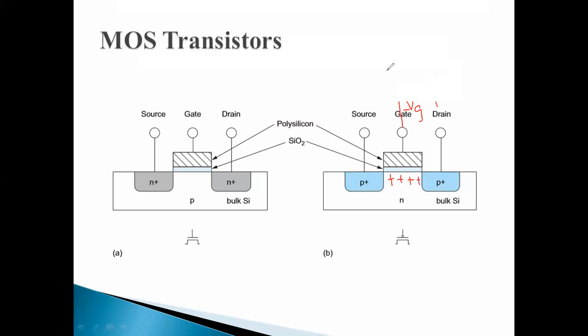With respect to this P-type semiconductor, holes are majority charge carriers, and similarly here we have one more P region, even there holes are majority charge carriers. If we observe, there is a path which is established between source and the drain terminal. Because of the formation of this channel of holes, there is a connection between the source and the drain terminal. This state of the PMOS transistor is termed as on state.